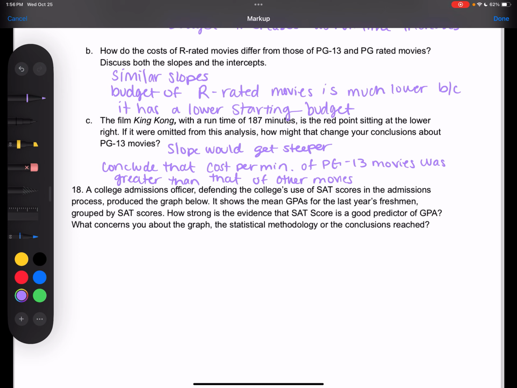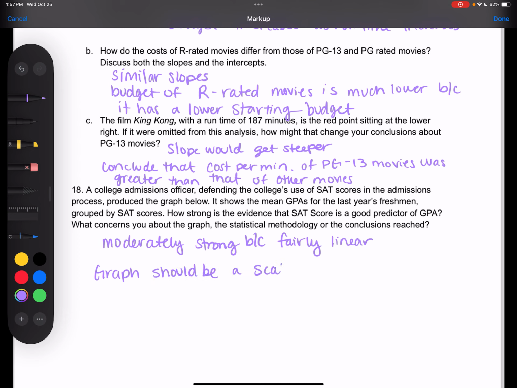So some things that I would say is it's moderately strong because it's fairly linear. But the graph should be a scatter plot, with dots that are not connected.